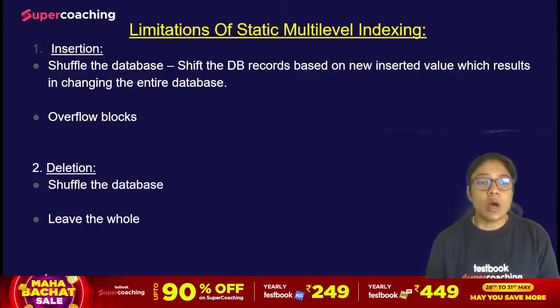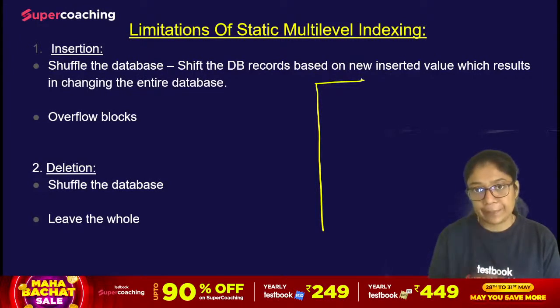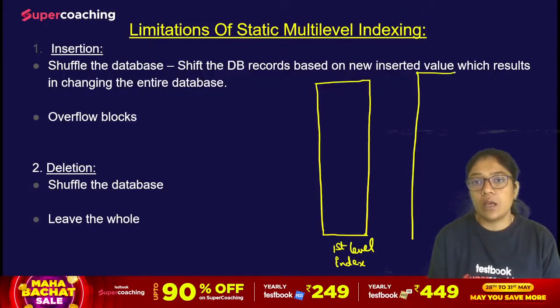Okay, so अभी जो हमने index file की बात की, that is static multi-level indexing. Basically what is happening, let's say this is the first level index. And before this, here we have a database file. Now you know what the first level index and second level index are.